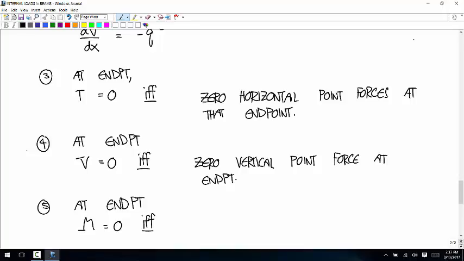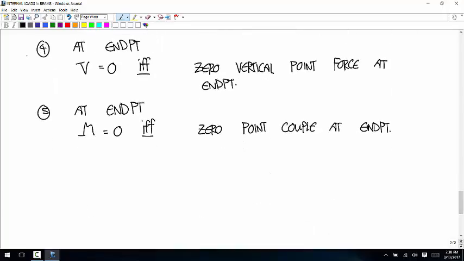Usually point couples only come up if you have a fixed joint at that endpoint. They can come up other ways, but that's the most common way. So 0 point couple at endpoint. And then the last one, at a chosen endpoint, the torque is equal to 0 if and only if.